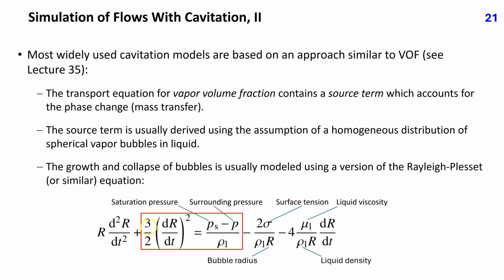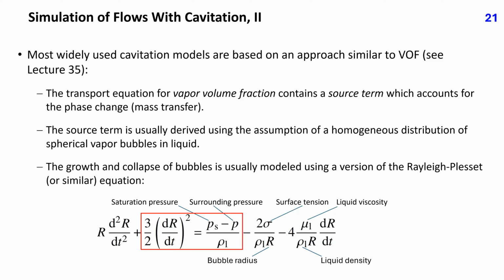On the left-hand side, we have the rate of change of bubble radius, also called interface velocity, and its time derivative, or interface acceleration. The first term on the right-hand side is the difference between saturation pressure and the pressure in liquid surrounding the vapor bubble divided by liquid density. The second term represents the pressure jump across the interface due to surface tension, delta P equal to sigma divided by R, with sigma being the surface tension coefficient.